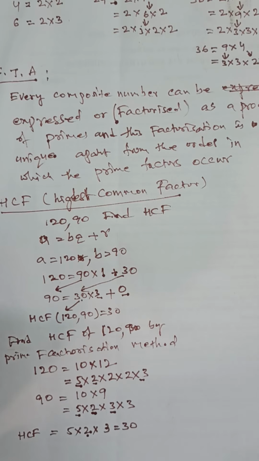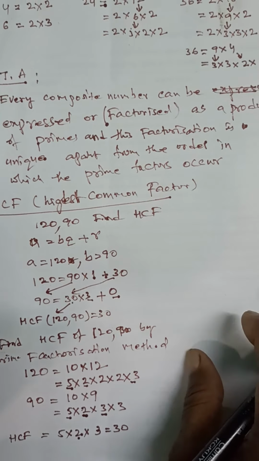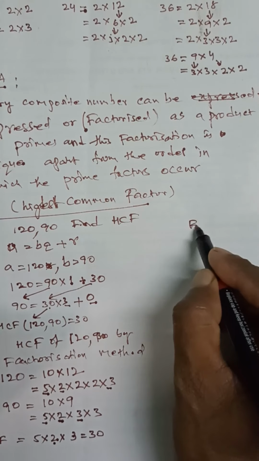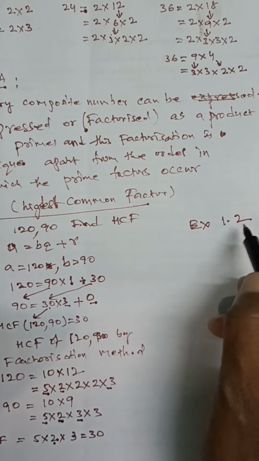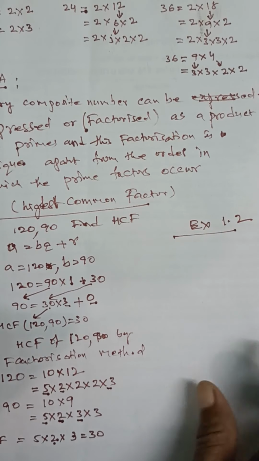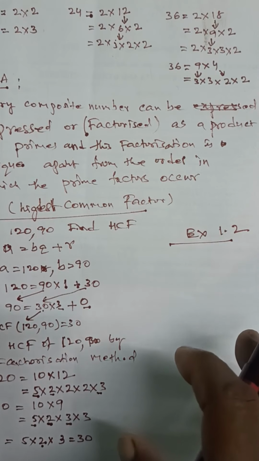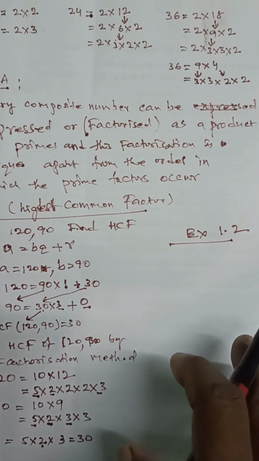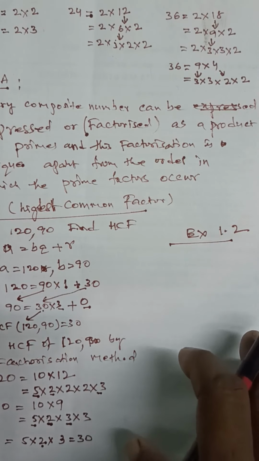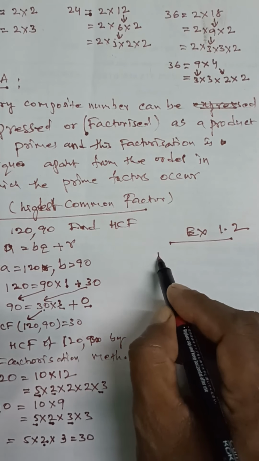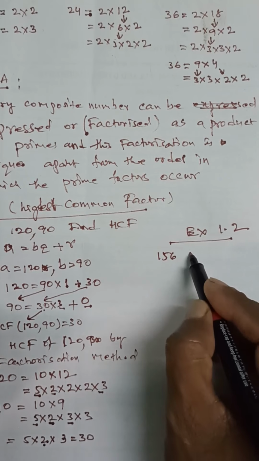Now from exercise 1.2, the first problem is: express the following numbers as a product of its primes. Suppose 156 is given. What do we have to do?